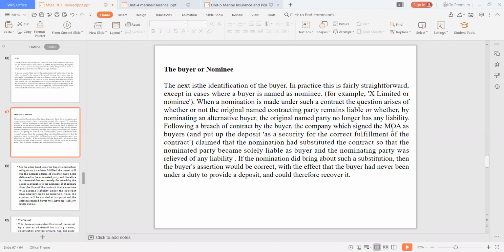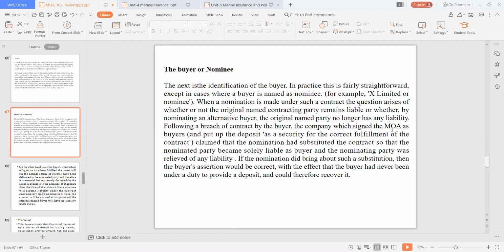When a nomination is made under such a contract, the question arises of whether or not the original named contracting party remains liable, or whether by nominating the alternative buyer, the original named party no longer has any liability.